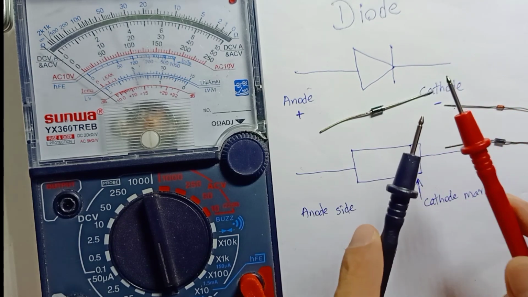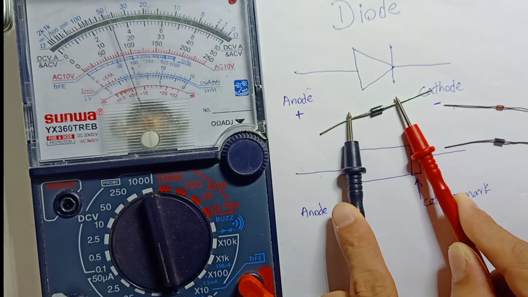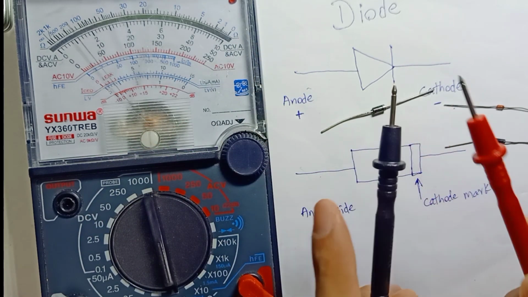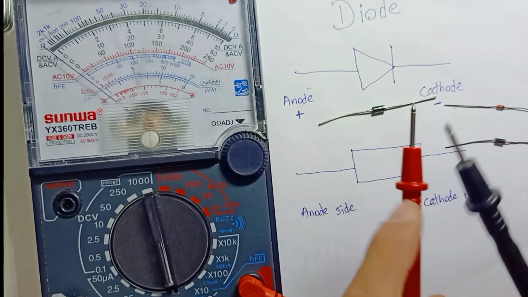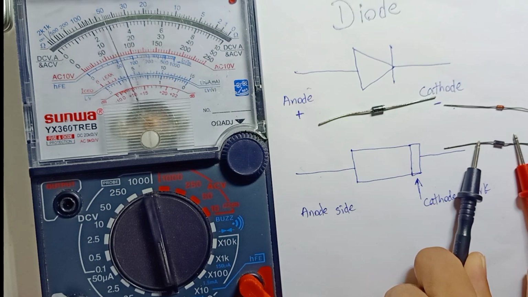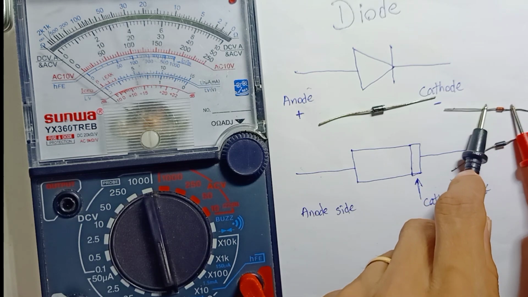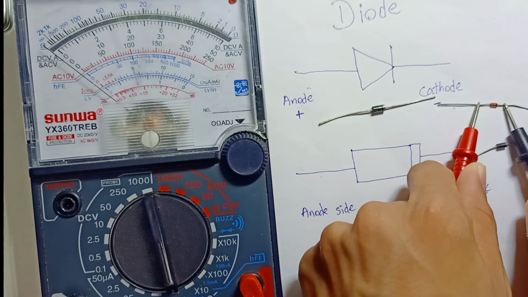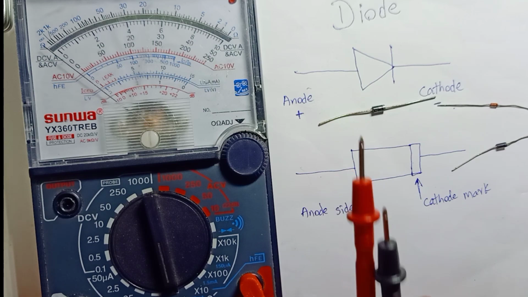We have to notice this. Anode to cathode, we have the diode forward voltage. If you reverse, the diode voltage is blocked. So this is good. Forward voltage, reverse block. Forward voltage, reverse block. This is how you can test the diode with an analog multimeter.